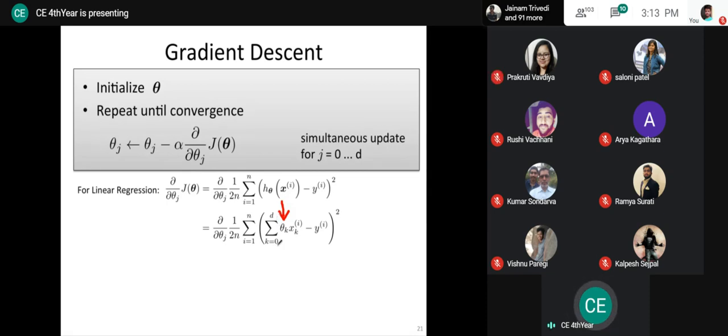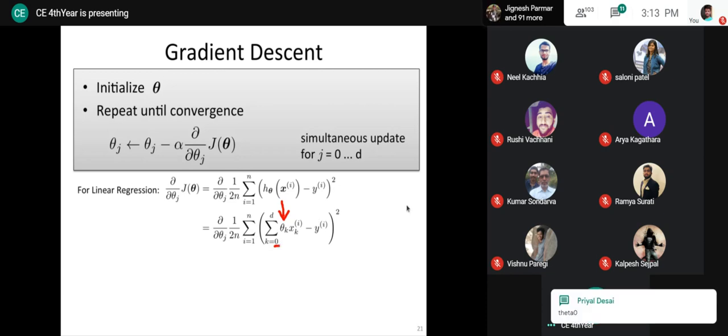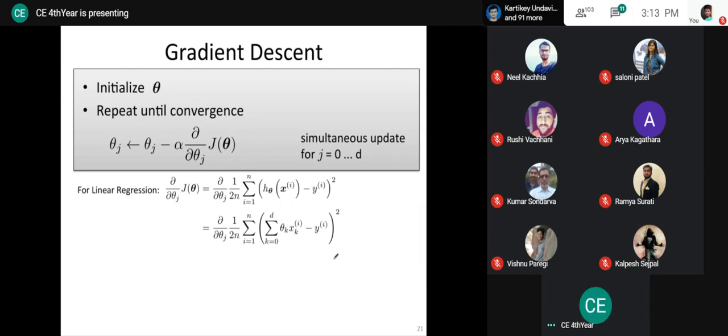Why does it start from 0, not from 1? Theta 0 means the term which is related to the bias. So that's why we have added that x0, and that's why we have considered that x0 is equal to 1.